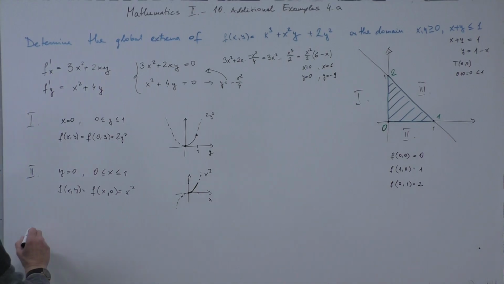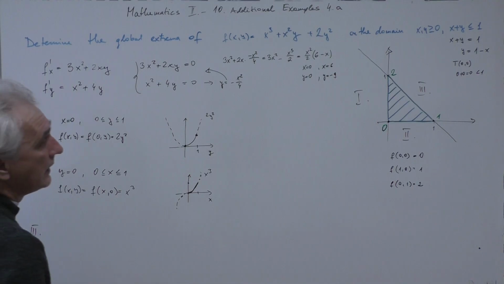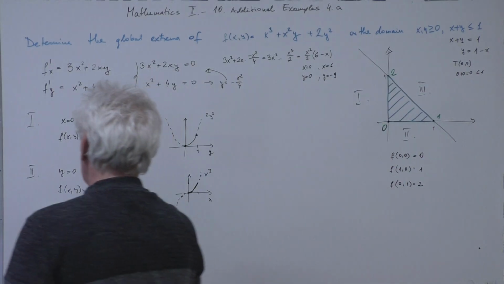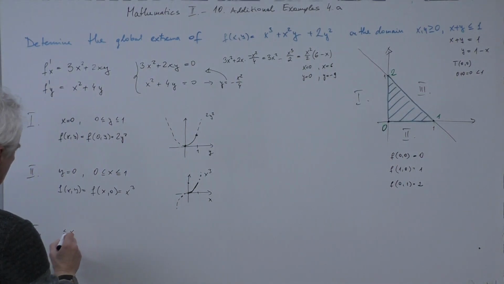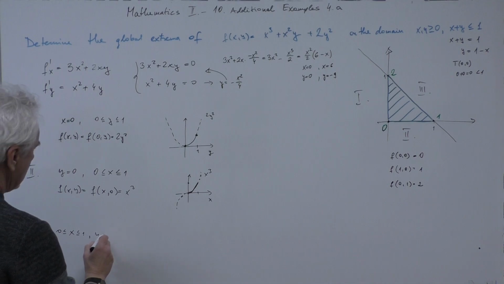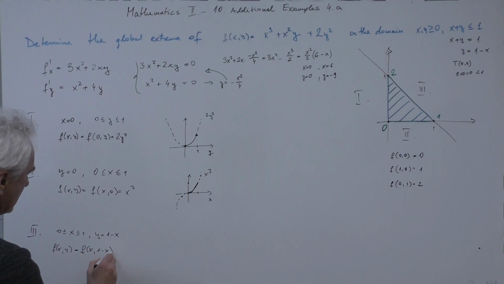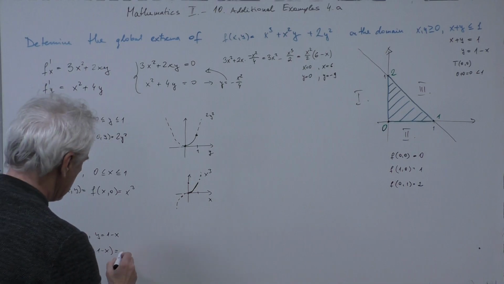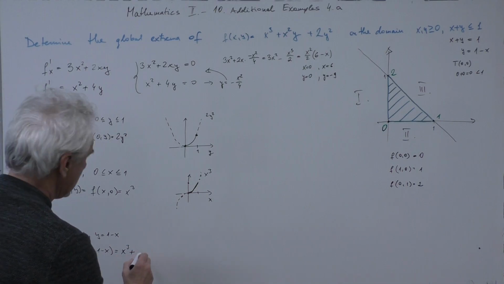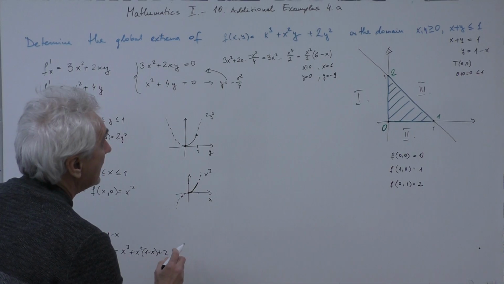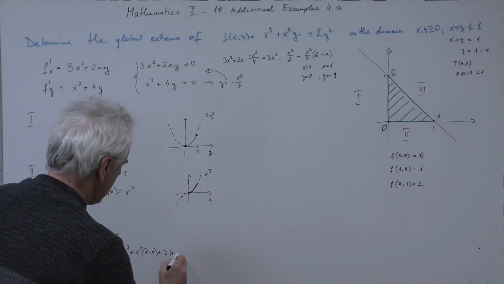On the third side, this is the line segment where x could be anything between 0 and 1, and y is 1 minus x. The function f of x, y is f of x, 1 minus x. Plugging back 1 minus x for y, we get x cubed plus x squared times 1 minus x plus 2 times 1 minus x squared.